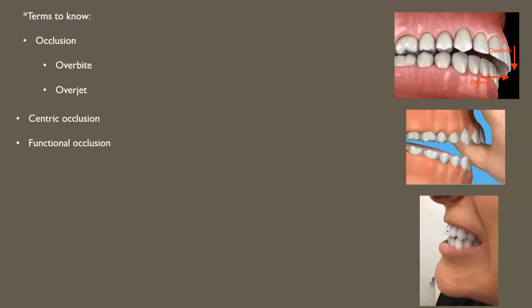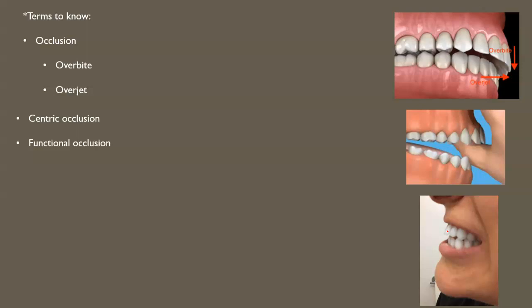Centric occlusion occurs when the jaws are closed in a position that produces maximal stable contact between the occluding surfaces. So basically our centric occlusion is what we consider to be a normal occlusion. When we bite together, it's going to be centric occlusion.